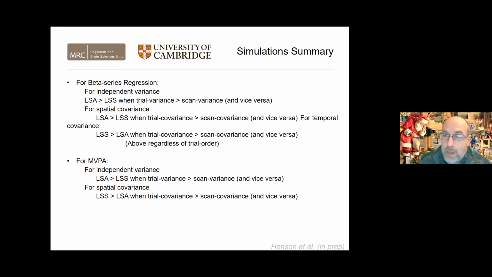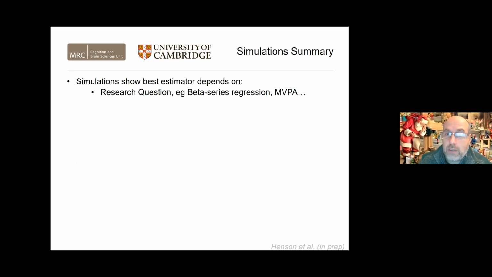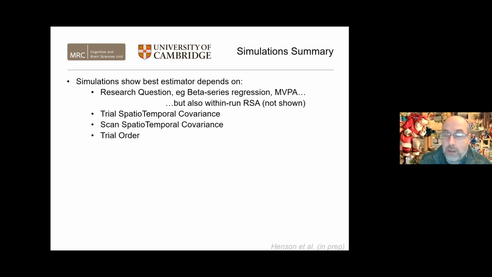But when there is spatial covariation across voxels, then the efficiency swaps again. And finally, when you have temporal correlation in the beta series and/or the noise, then the efficiency depends on the contrast. So all these factors affect which is a better estimator for your single trial responses.